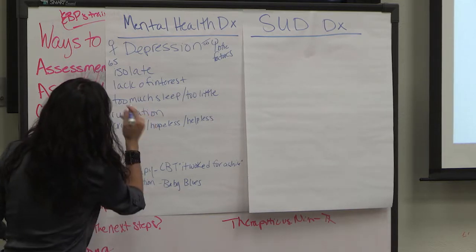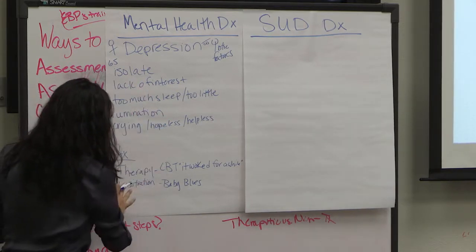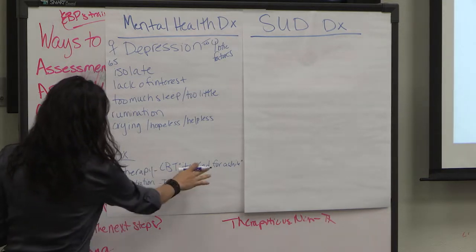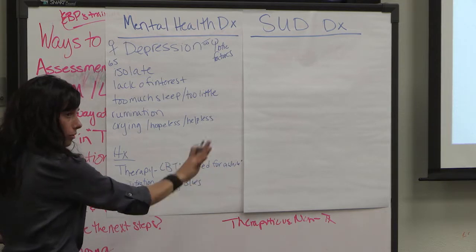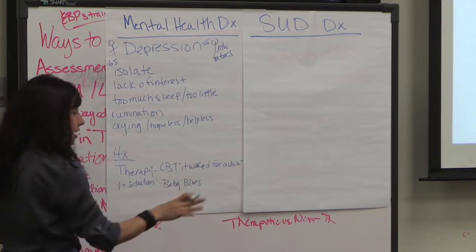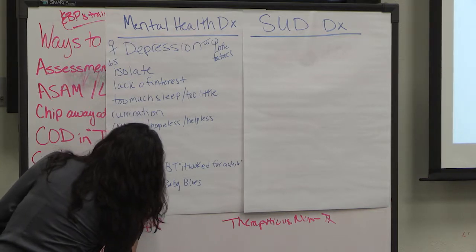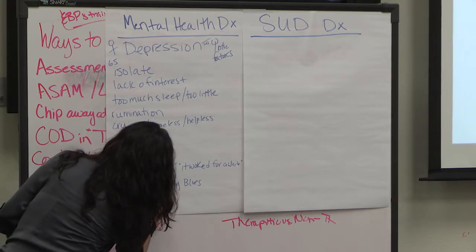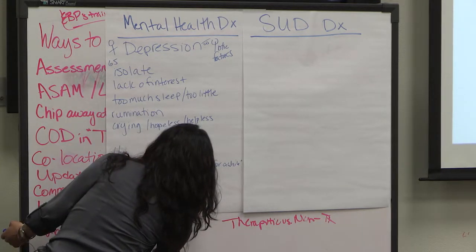So she's 65. She's coming into you, depression with psychotic features. She's got all of this going on. She went to therapy once, CBT, it worked for a while. Once it was situational, it was baby blues, but it kind of took care of itself. And one time she was hospitalized for depression.